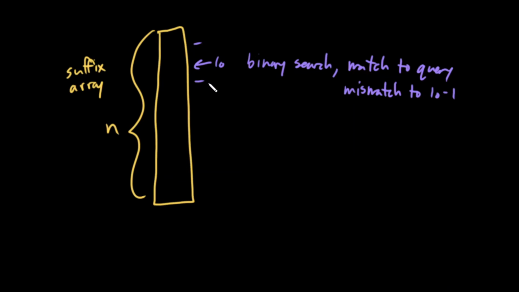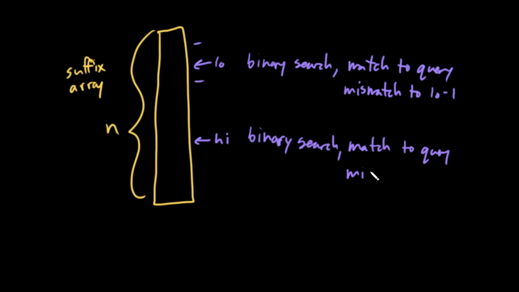And then similarly, I can do another binary search. I could actually start at low, and then in this range, find a midpoint and see if it matches my query, and then basically do another binary search looking for the valid high. So a second binary search where, again, I want to match my query to high, but I want a mismatch of my query to high plus 1.